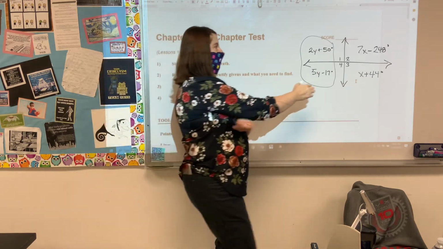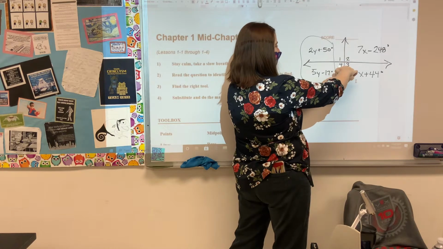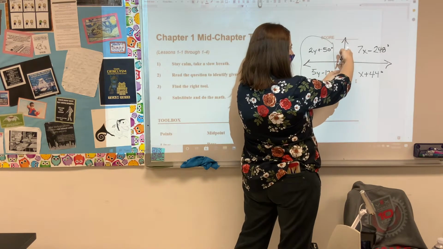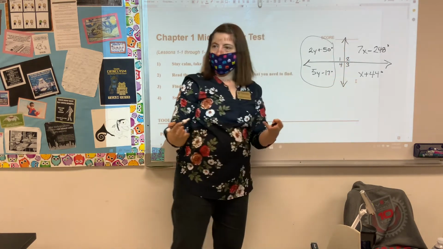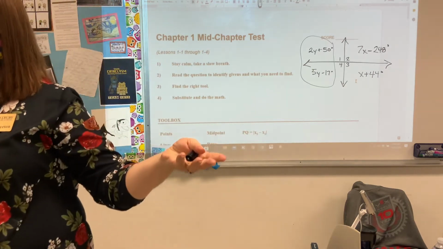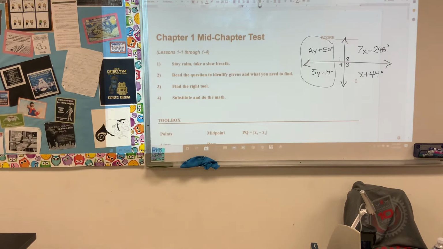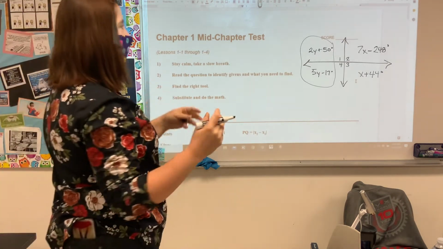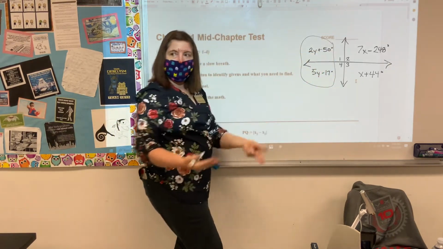But in order for this to be a straight line from 1 through 4, and I have their non-common sides as a line, they are a linear pair. Does that make sense? To make a line, they're a linear pair where the 2 angles, 1 and 4, add up to 180.